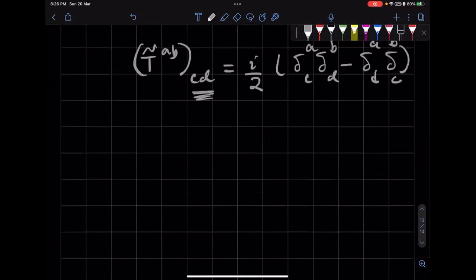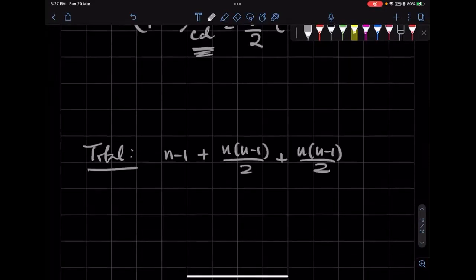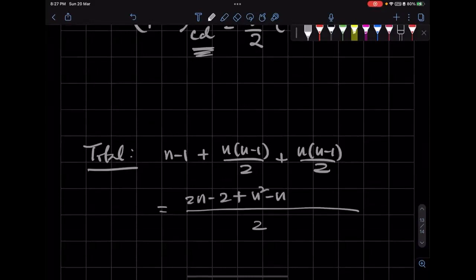So the total number, let's check that the dimension is fine. We have n minus 1 in the Cartan subalgebra plus n times n minus 1 by 2 plus n times n minus 1 by 2. And if I add everything up, I have 2n minus 2 plus n squared minus n plus n squared minus n.